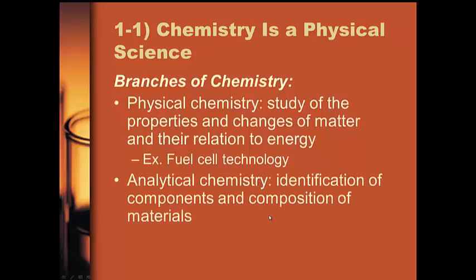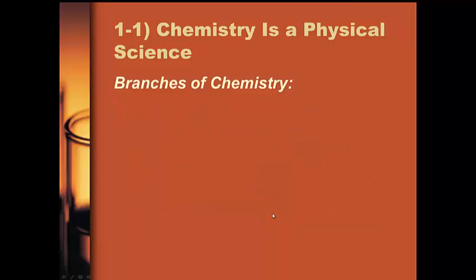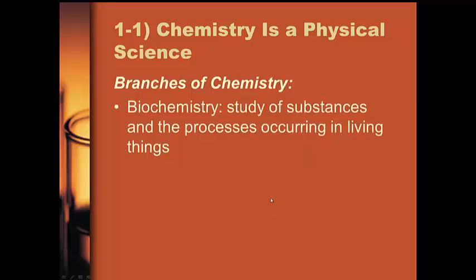Analytical chemists: if you watch shows like CSI, where they're doing crime labs, these are the people who are trying to figure out what's there and what the substance is made up of. Biochemists, as the name implies: bio deals with living substances, and chemistry looks at matter. So it's the study of the substances and processes that occur in living things. Pharmaceutical companies employ a lot of biochemists.